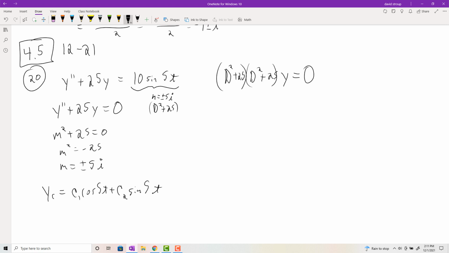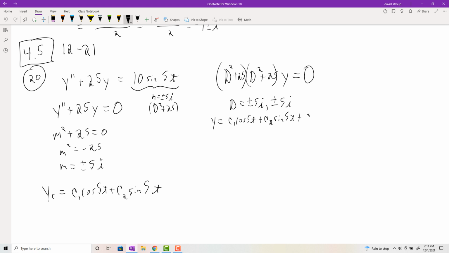So in this case, the roots, of course, will be plus or minus 5i, and then repeated, plus or minus 5i. So our solution to this part of the problem, y equals, what do we have? c1 cosine 5t plus c2 sine 5t, that's the complementary part, and then the rest should be the particular.